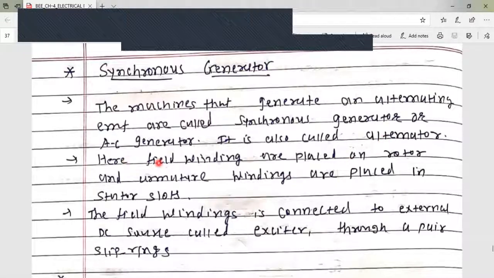Here, field windings are placed on the rotor and armature windings are placed in stator slots. The field winding is connected to an external DC source called the exciter through a pair of slip rings.